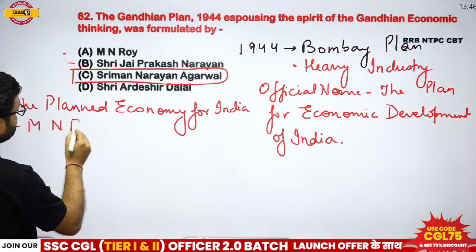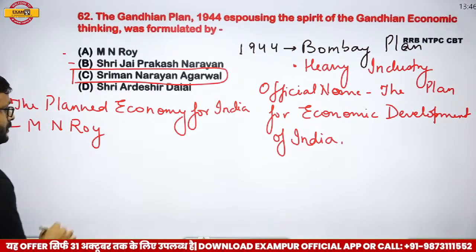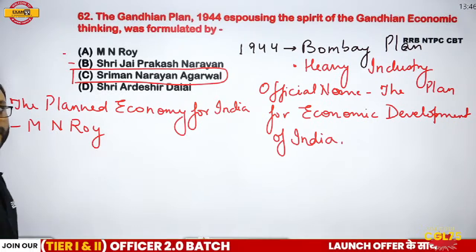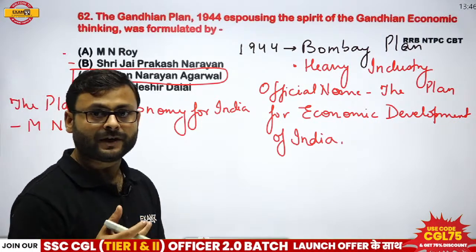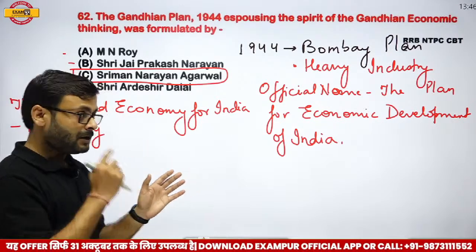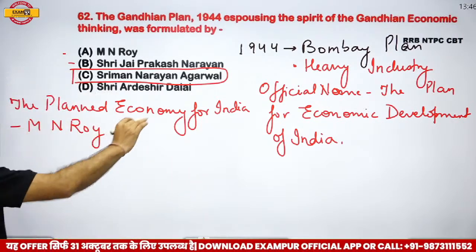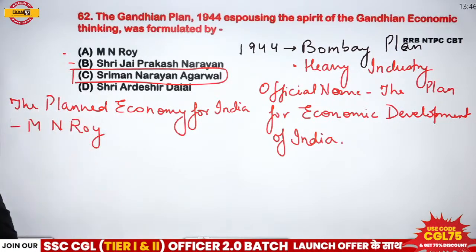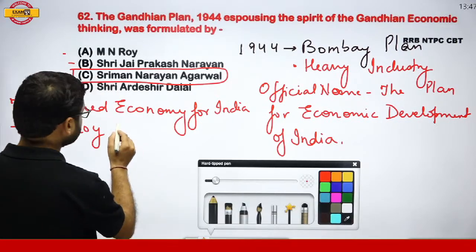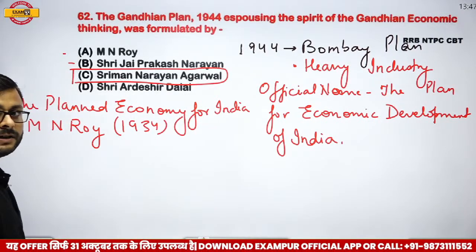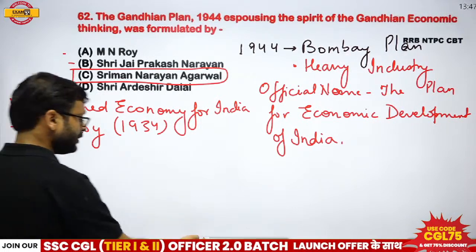He is a communist leader, and he is the first person to present an economic plan for India. He said that for the economic development of India, we should prepare a planned strategy to make India a developed nation. So this book you have to remember for the upcoming examinations. This work was published in 1934. You have to remember it for your examinations.